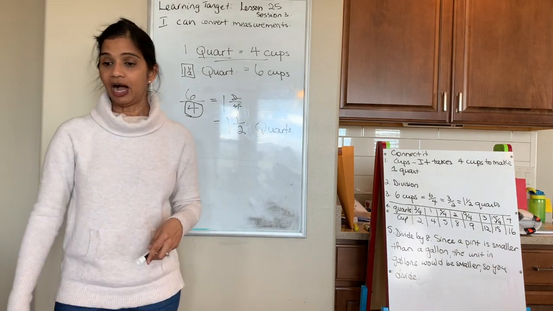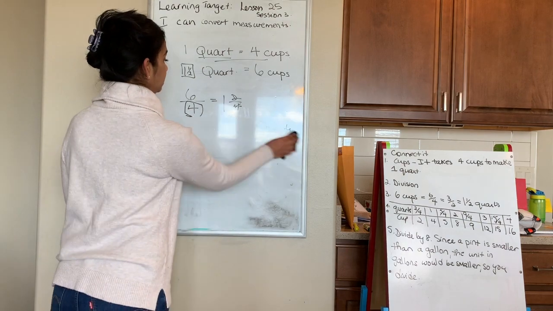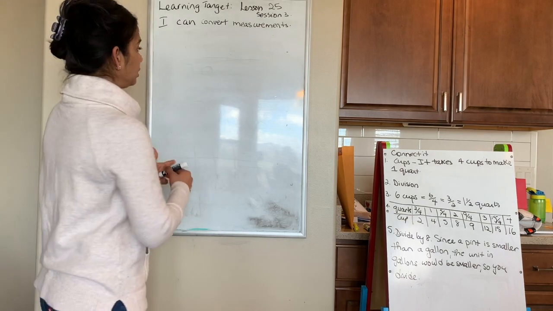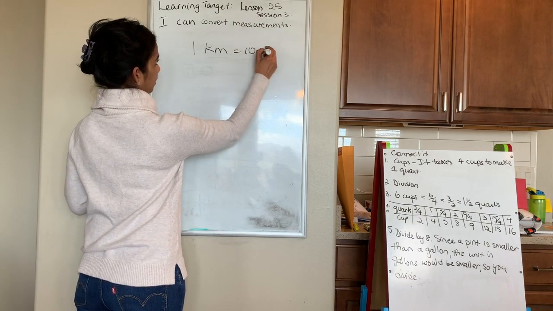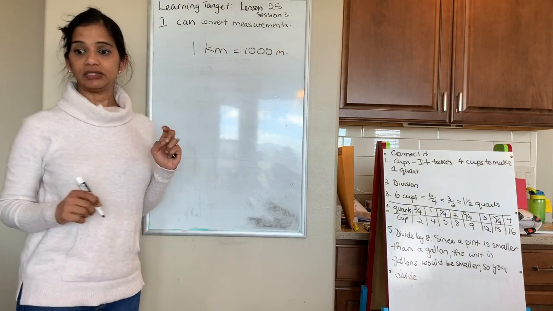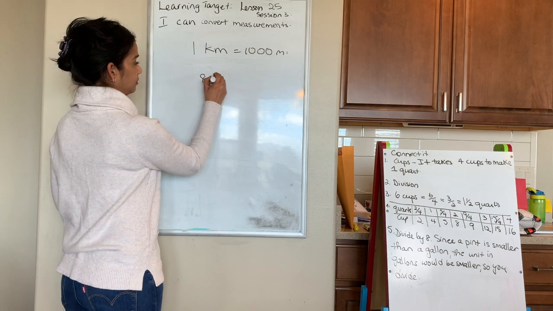All right, how many kilometers is equal to 800 meters? So we know that 1 kilometer is 1,000 meters. We know that. And it's asking us how many kilometers is equal to 800 meters.